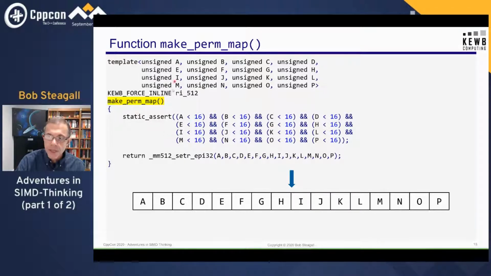What happens is you enter the function, and again, there's a static assert which validates that the value of each of these unsigned template parameters is less than 16, meaning it's from 0 to 15, and therefore is a legitimate index for permutation. Then it applies the appropriate intrinsic to actually execute that permutation. They'll be in the order that they are specified in the template arguments. So these will be the values of the permutation mask.